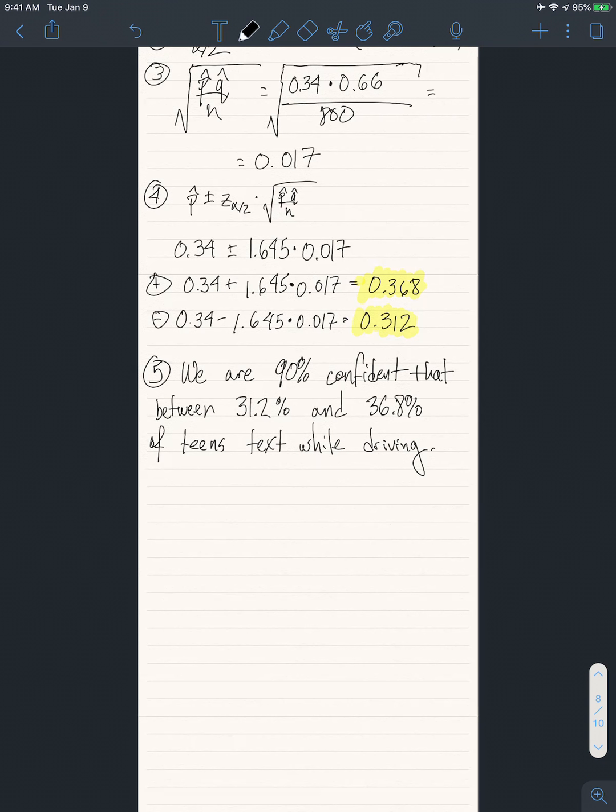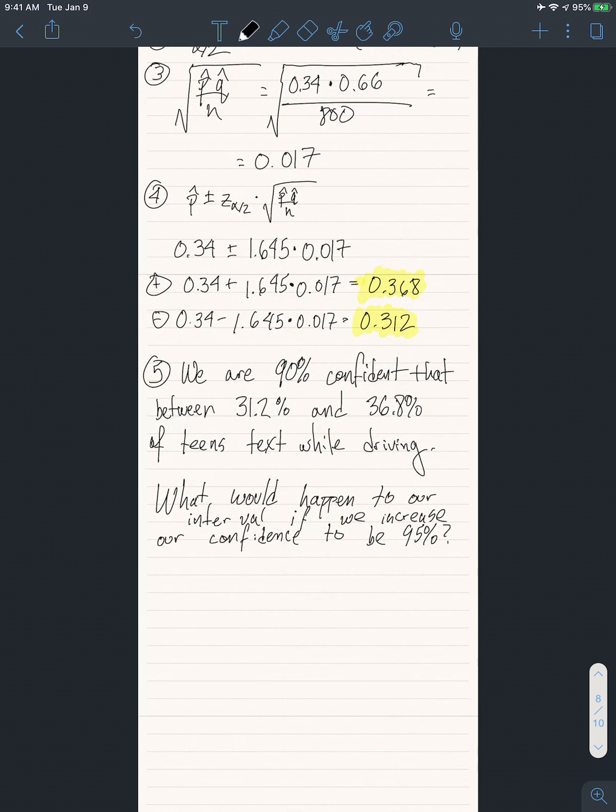And so now we have to ask ourselves, what would happen to our interval if we increase our confidence to be 95% confident?